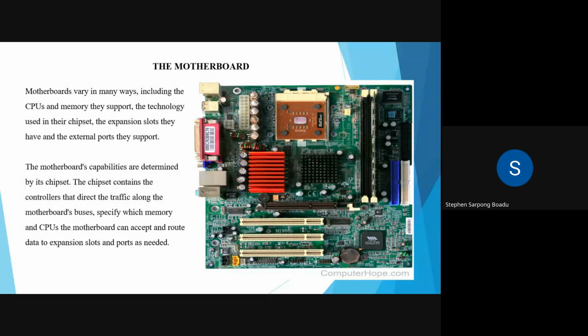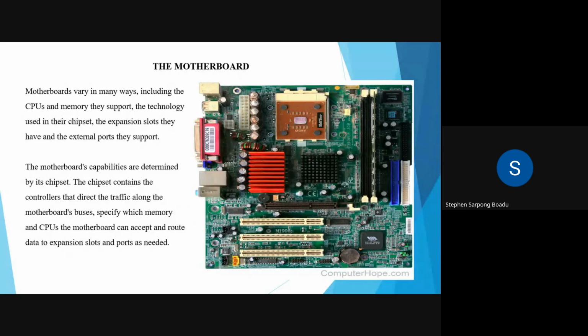Okay. So it said the motherboard's capabilities are determined by its chipset. The chipset contains the controllers that direct the traffic along the motherboard's buses. Okay, so the capability of a motherboard, what a motherboard can do, is based on its chipset, right? So the chipset is what determines what the motherboard can do.